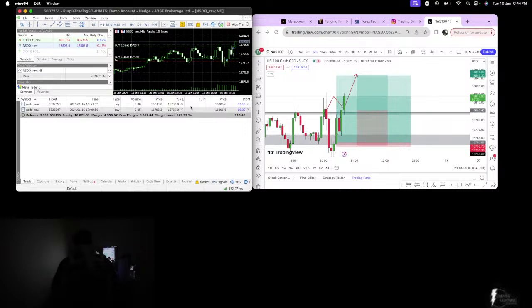Yeah, so we were deciding the target. So 49 points is the stop loss. The same 49 points will be the target. So 788 plus 49 is 837.